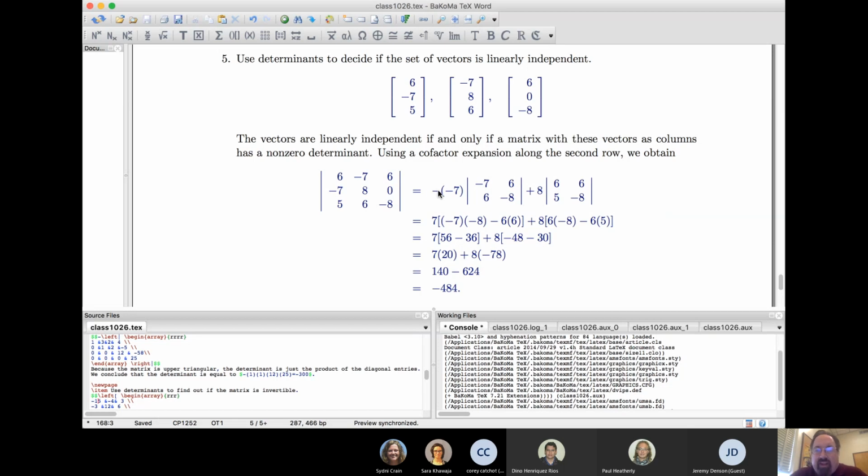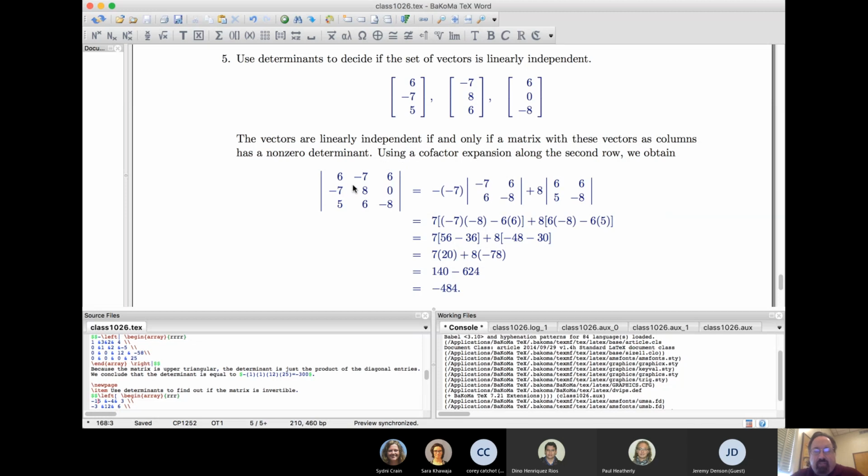So that's why I have a minus here and a plus here. So we'll have minus of -7 times the determinant of a matrix you get by deleting row 2 and column 1. So that's from -7, 6, and 6 and -8 that we see here.